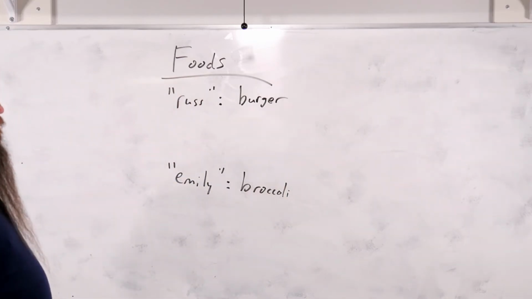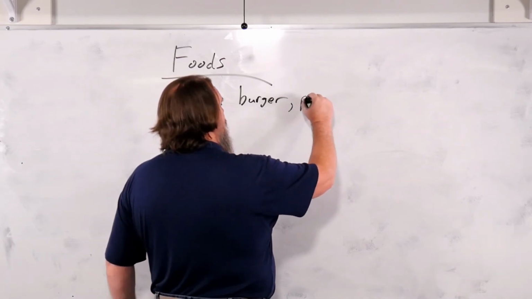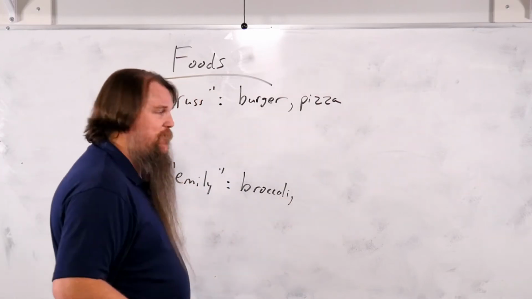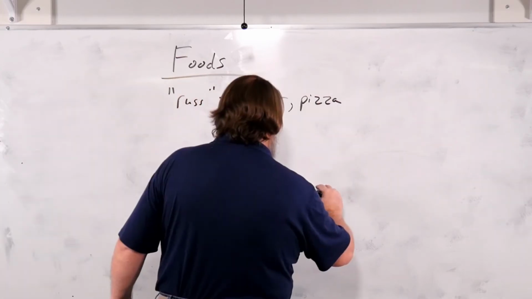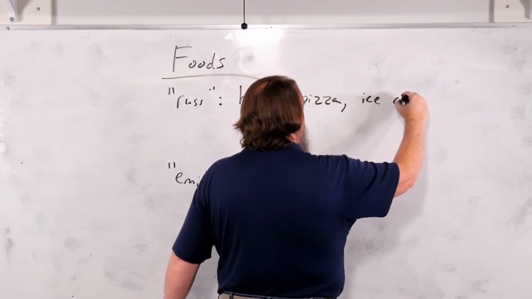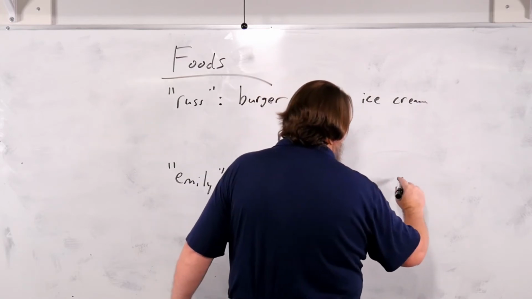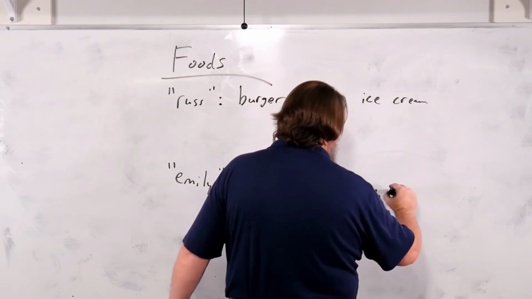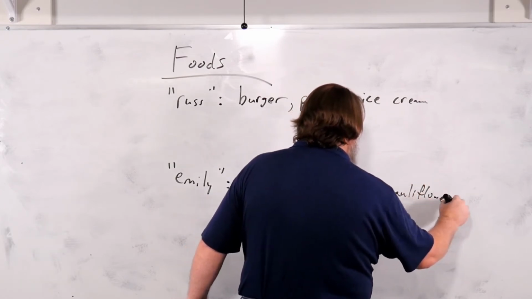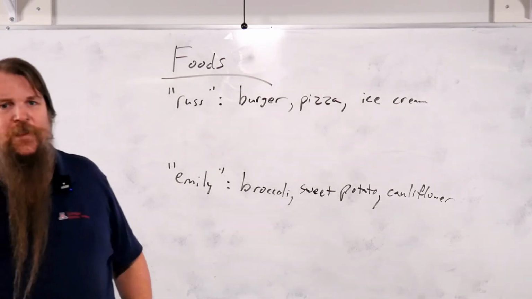I think that's the right spelling. And then I eat a pizza. And my wife eats sweet potato. And then I eat ice cream. And she eats, I don't know, cauliflower. All right, so we want to keep track of these things as we go.